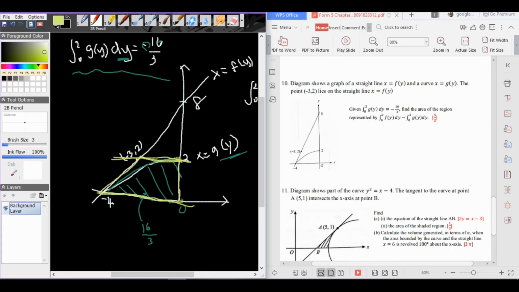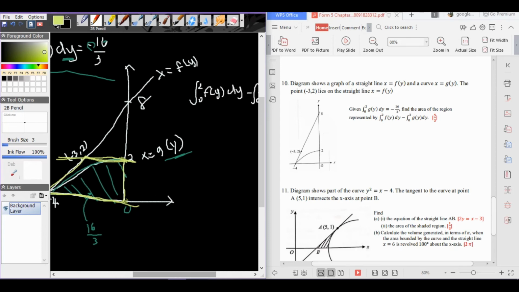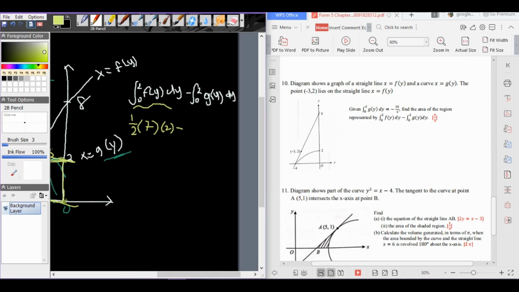This is the area of this trapezium, which equals 1 over 2 times the parallel lines. This is negative 3 to 0, so this is 3, and this is 4. 4 plus 3 is 7, height equals 2. Minus, okay, just now the integral from 0 to 2 of g(y) dy.